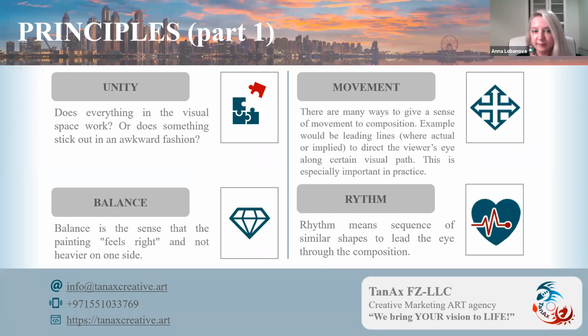We said unity, so meaning everything is united and makes logical sense. Balance, meaning that all elements are relatively balanced to each other. Movement, meaning how do we lead the eye through the composition. Rhythm, meaning specific guidance as to how to move the eye through the space.